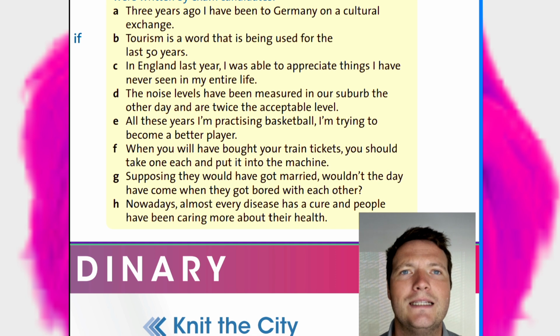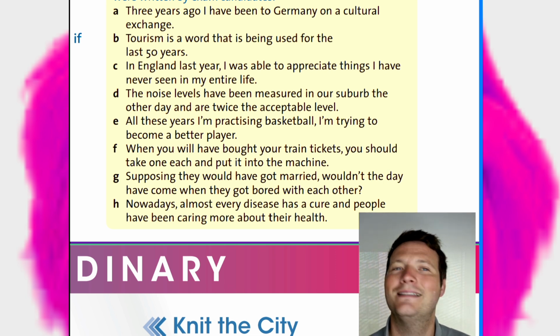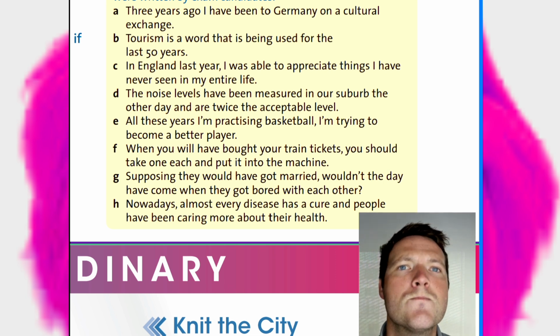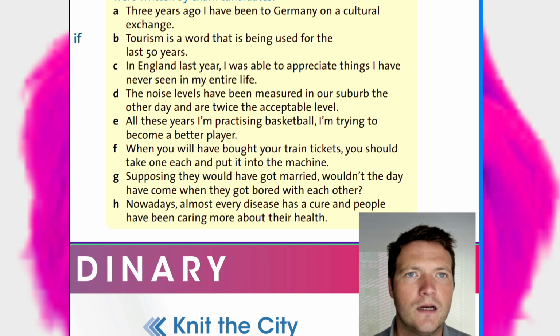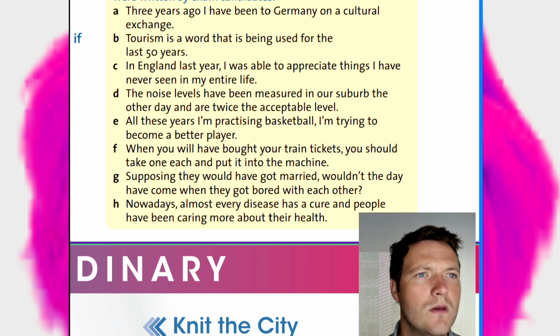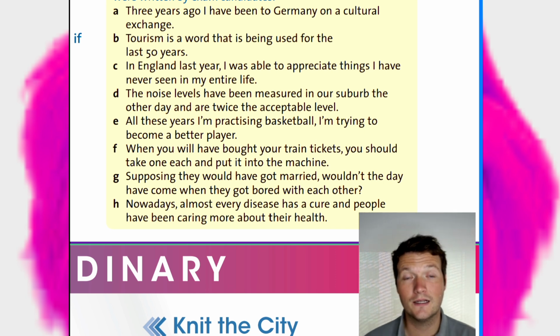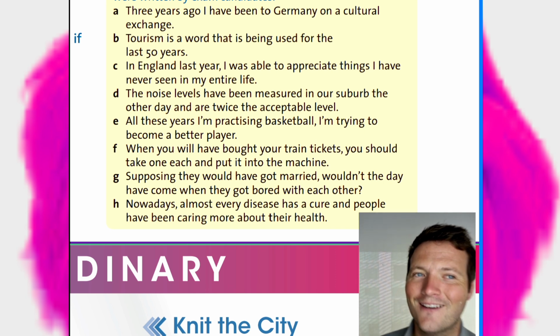Letter C, it says, in England last year, I was able to appreciate things I have never seen in my entire life. In England last year, I was able to appreciate things I have never seen in my entire life. Well, I suppose technically you have seen them now, haven't you?